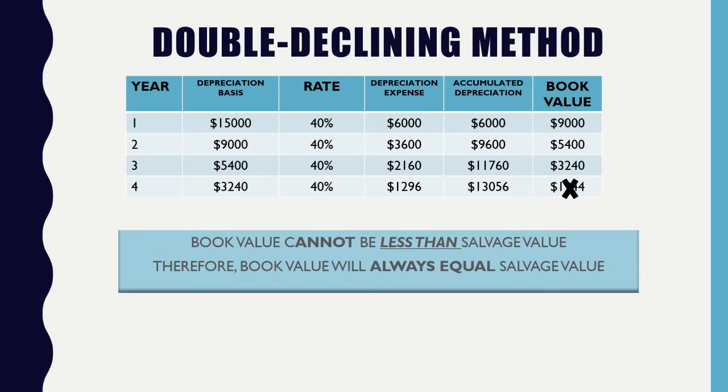The rule here is that your book value can never, ever fall below, or be less than, your salvage value. And it hasn't even reached year 5 yet.